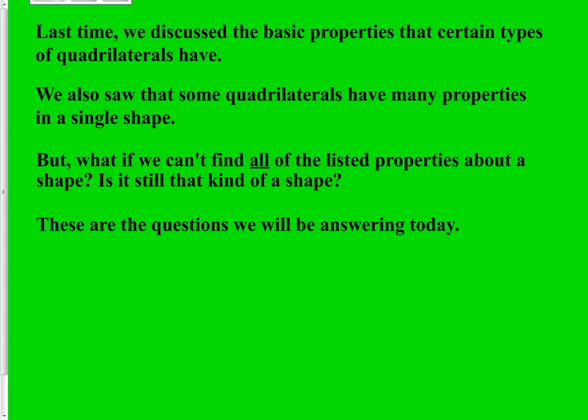What if we cannot find all of the listed properties about that shape? Does it mean that it is no longer that kind of shape? Do we still have to search for more information before we can call it that shape? Those are important questions, and that's actually what we're going to be looking at today, trying to figure out how much information it actually takes before we can call a shape that particular shape.